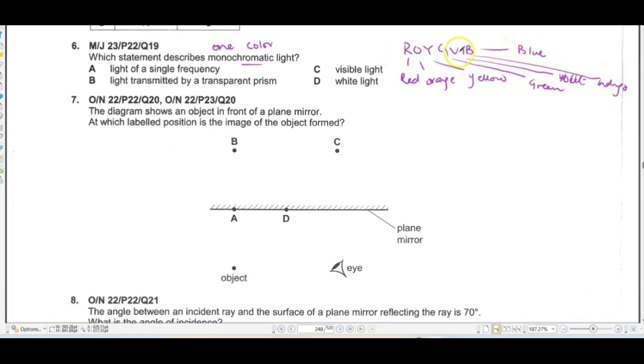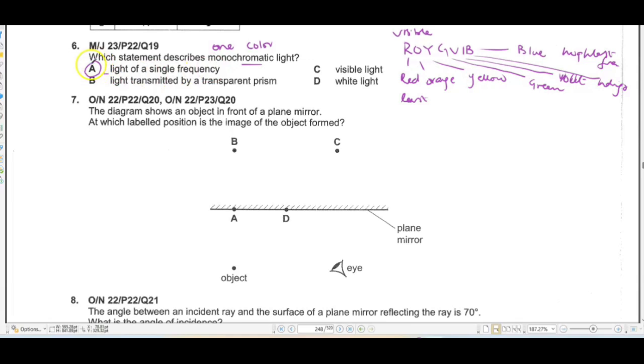And all of them have different frequencies, obviously. Red having the least frequency and blue having the highest frequency. Okay? And monochromatic light would be light of a single frequency. This is visible light made up of lights of 7 frequencies. Okay? So light of a single frequency is monochromatic light.